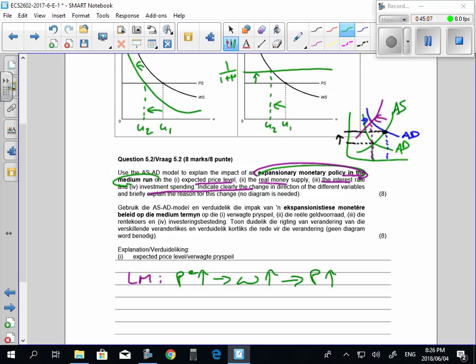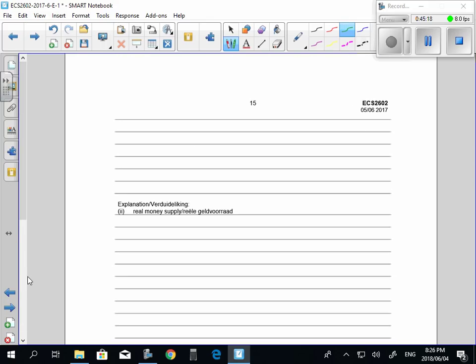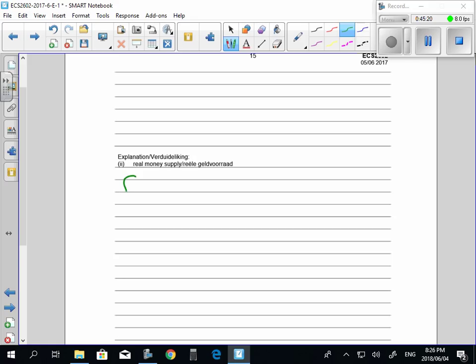Now, real money supply in your financial market, if prices increase, real money supply decreases.